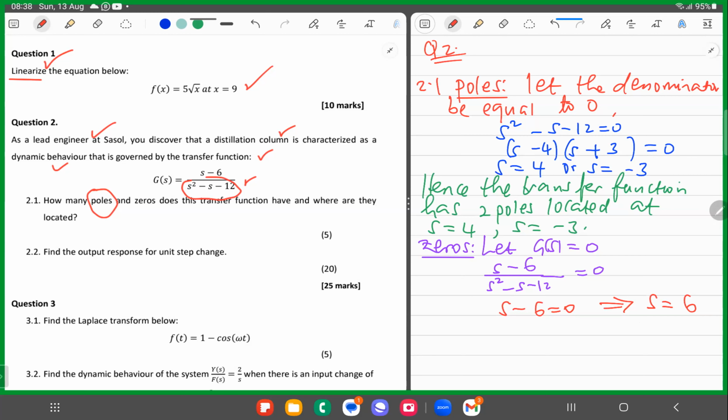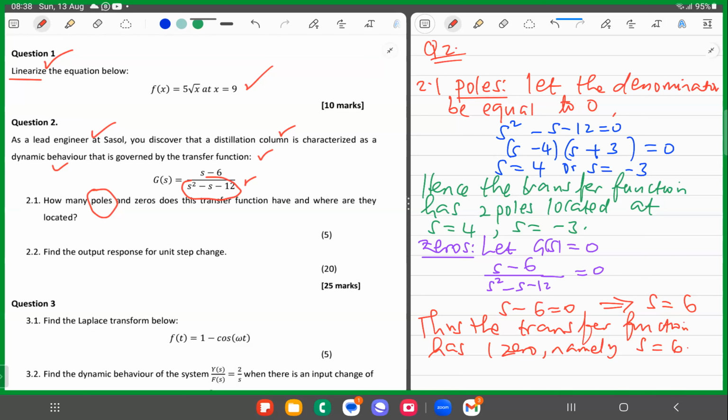And the conclusion is that, thus, the transfer function has 1 zero, namely s equals 6. So we have got 1 zero there, and it is exactly s equals 6.